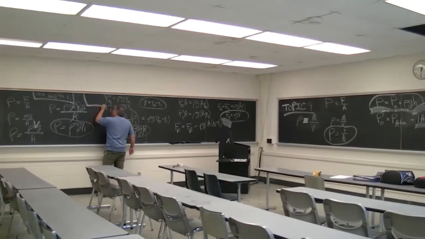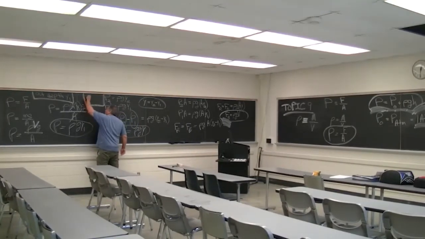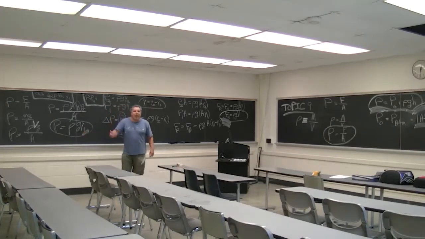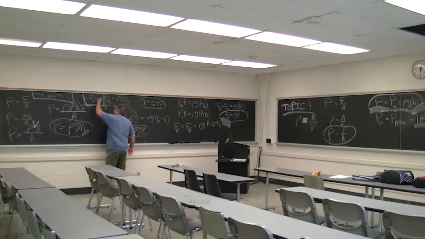Well, in actuality, the total pressure would be the atmospheric pressure on there, plus, and call this Y. It doesn't matter what you call it. It could be Y1, Y2, H, whatever the depth is. Rho g y, or P equals P0 plus rho g h. It doesn't matter what depth you're at.